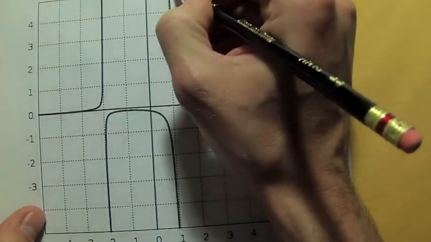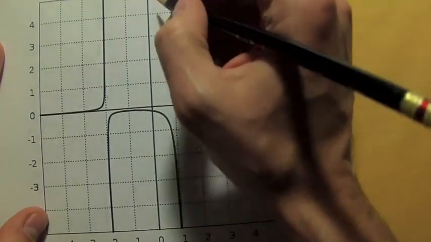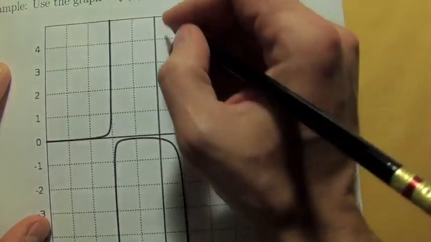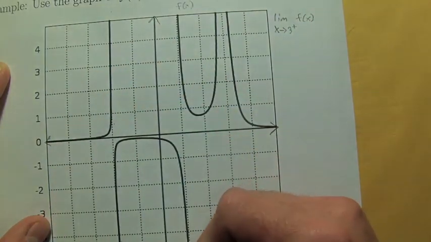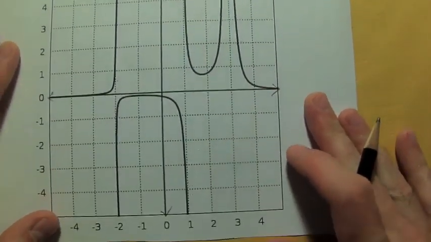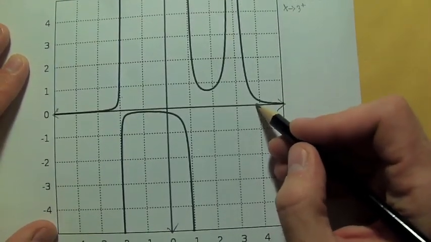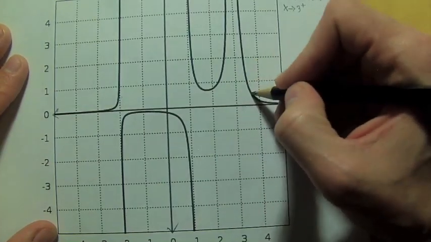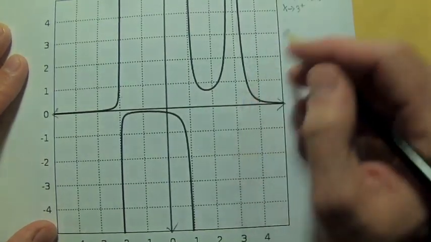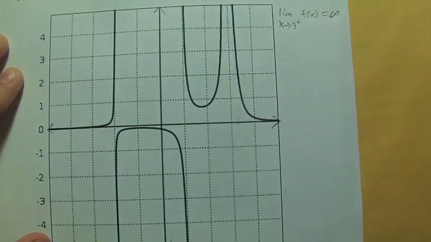We're calling the graph of this f of x. These are just the axis lines, by the way. So when x is going to 3 from the right, we see that the function is shooting up to positive infinity.